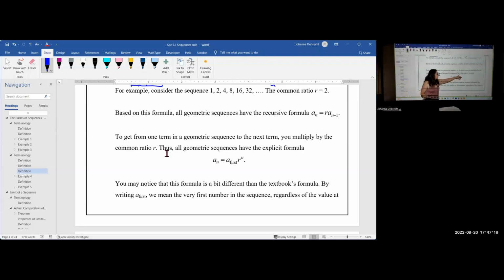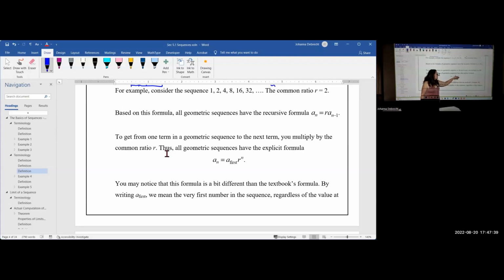Now you'll notice that I wrote this differently than it's probably written in your book, because I want to emphasize that a first may not be a sub 1. It might be a sub 0. It could even be a sub 5. Whichever number is the first in the list, that's a first.